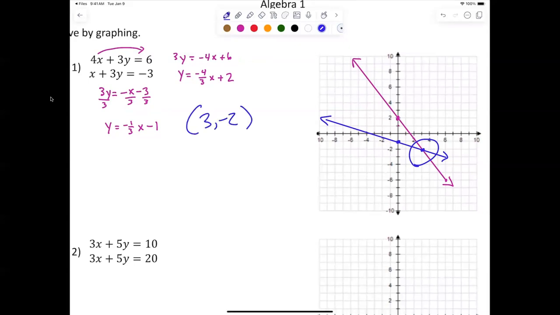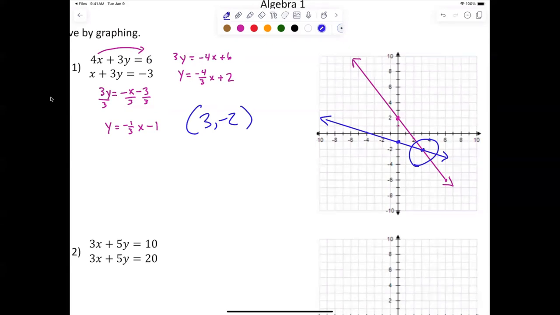All right. Now I need everybody to take out your handy dandy calculator. Let's go quickly. Come on. And I want everybody to type in -4/3 x plus 2. And then under y2, type in -1/3 x minus 1.